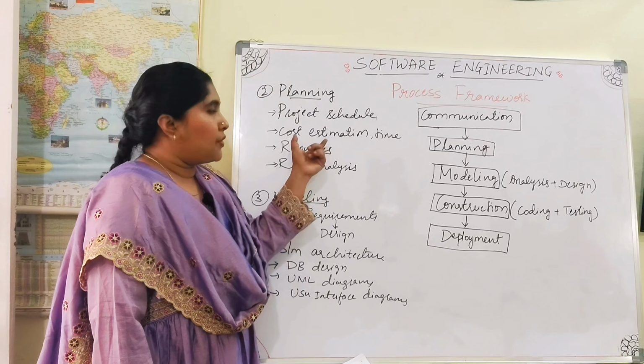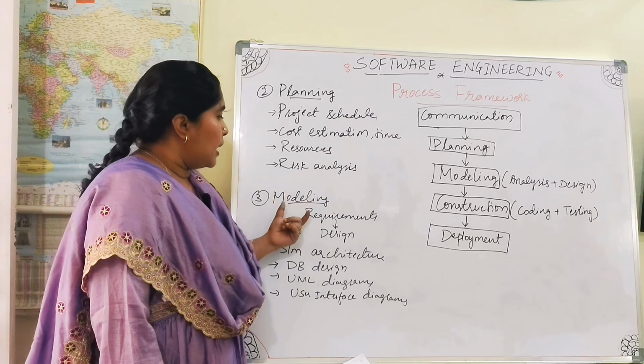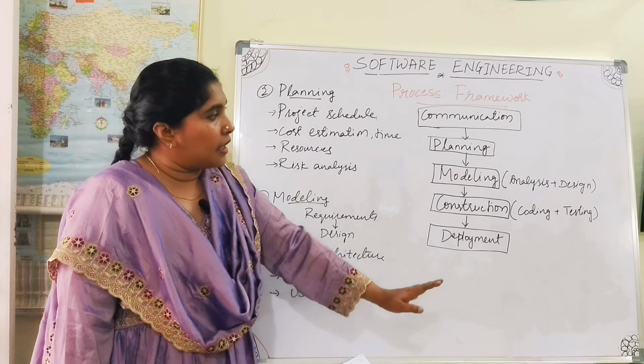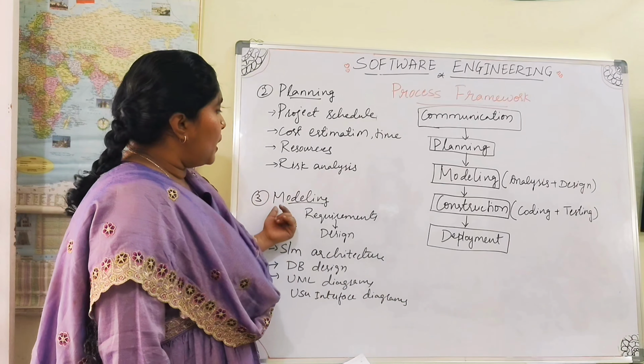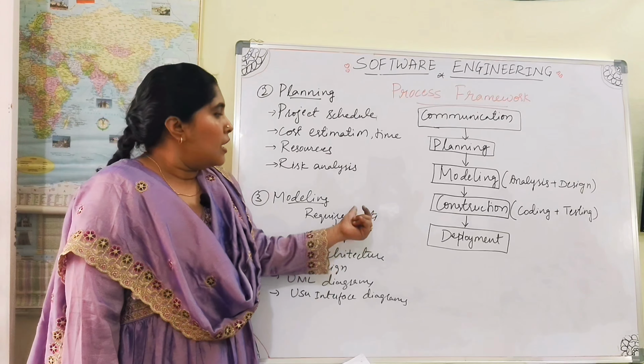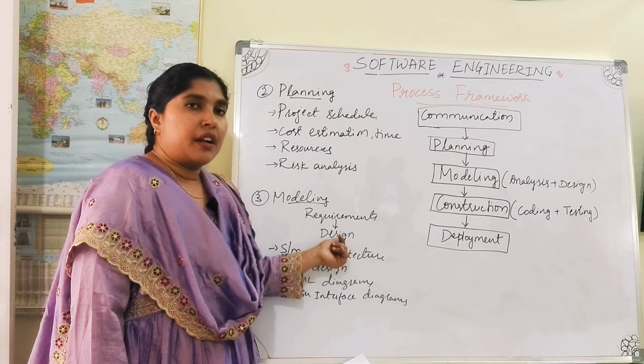After successful completion of planning, the next step is modeling. Here I have written analysis plus design. In modeling, requirements are analyzed and documented. Based on that, if planning is okay, we go for design.